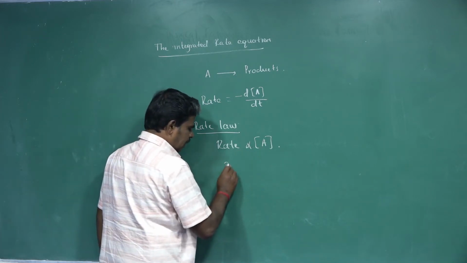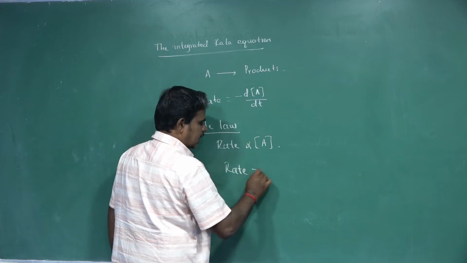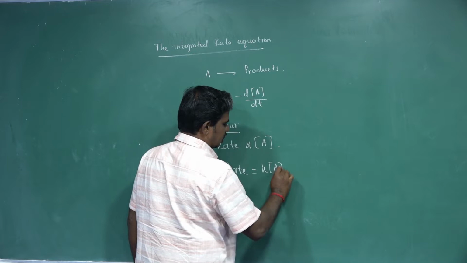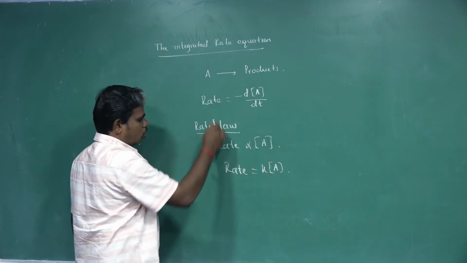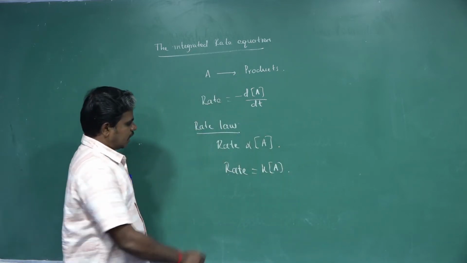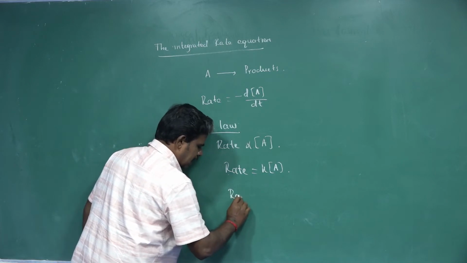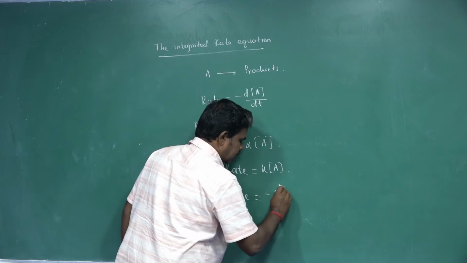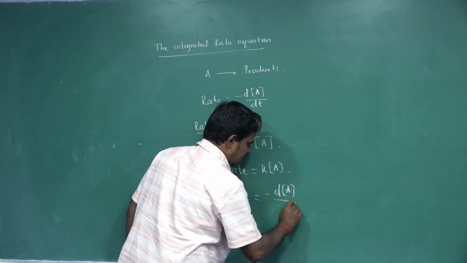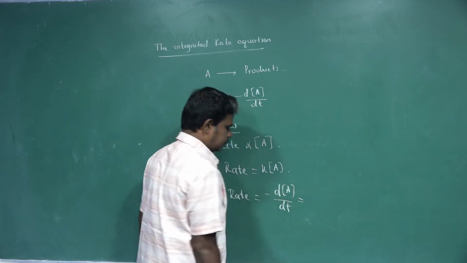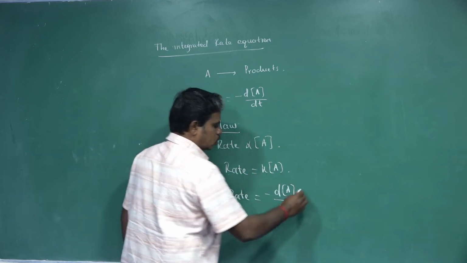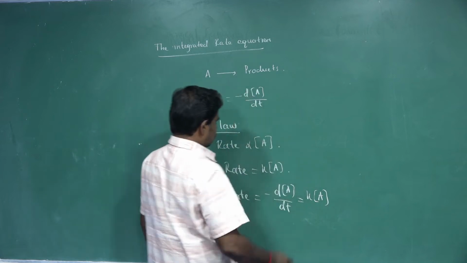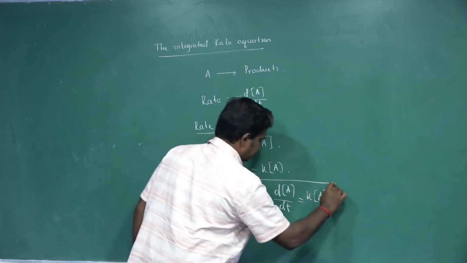Now we equalize it: rate is equal to K, a constant, times the concentration of A. Both are the rate, so rate is equal to minus d concentration of A with respect to time, and it is equal to K into concentration of A.